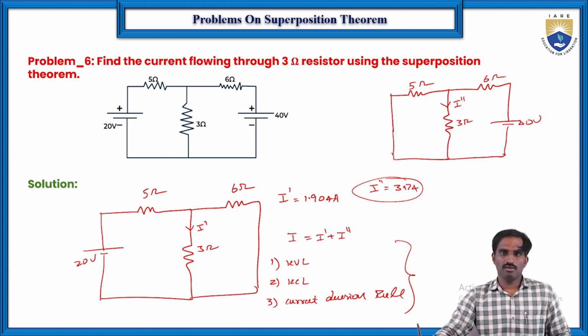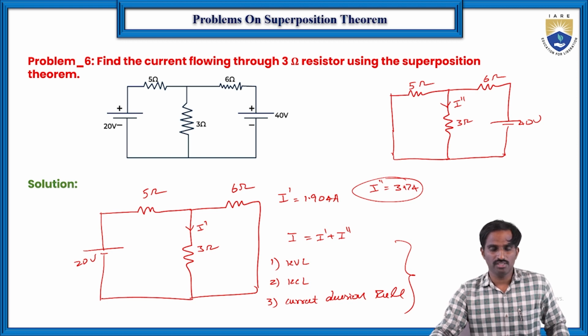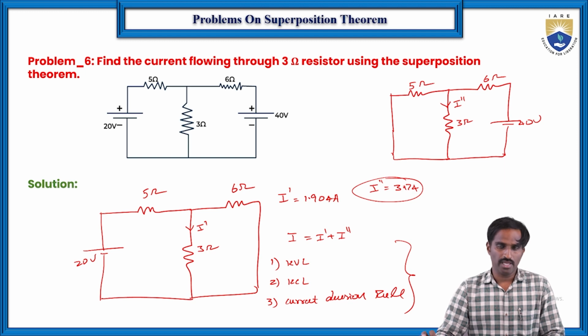You can apply it to any network, but the network should have more than one active source, either a voltage source or a current source. Otherwise, if it is only a single source, we can't apply the superposition theorem. That is the only condition to apply the superposition theorem to find the response across any element.